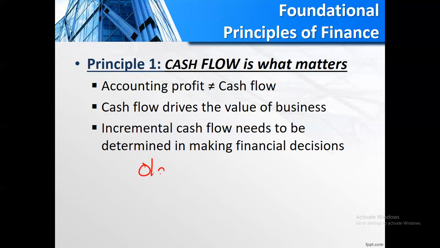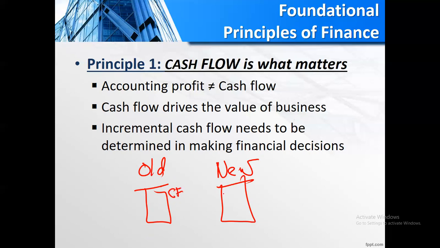For example, we have this old equipment, and we're planning to buy this new equipment. For the old equipment, you also have cash flows. For the new equipment, you have these estimated cash flows.